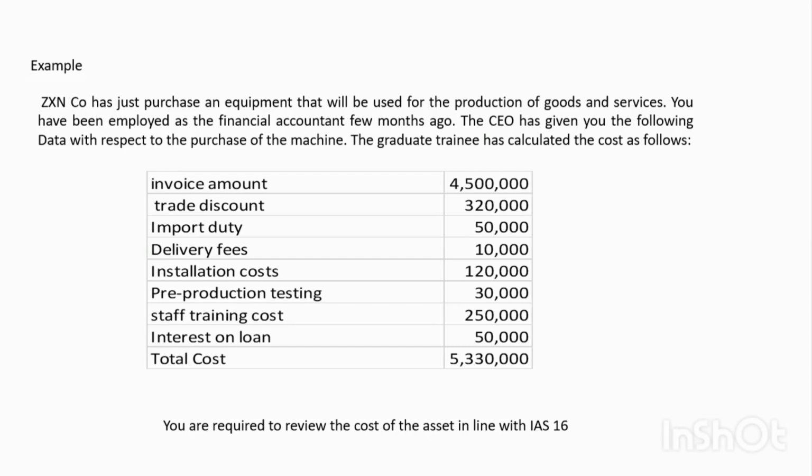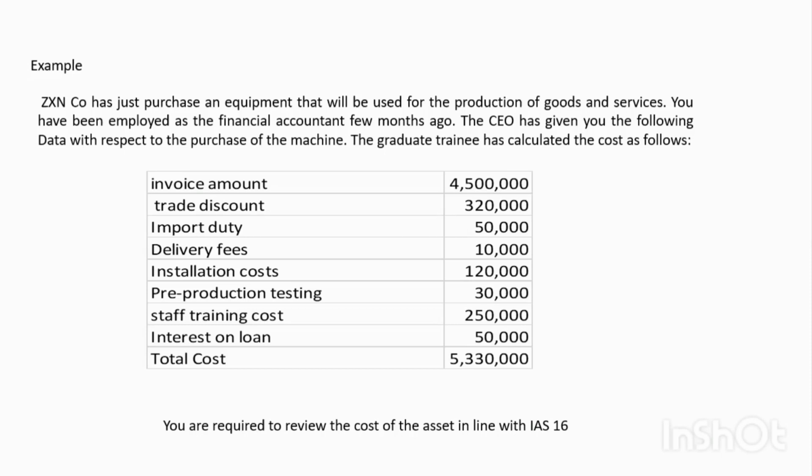The graduate trainee has calculated the costs as follows: the invoice amount, trade discount, import duty, delivery fee, installation costs, pre-production testing, staff training costs, interest on loan, and the total cost of the asset is 5,330,000 naira. You are required to review the costs of the asset in line with IAS 16.